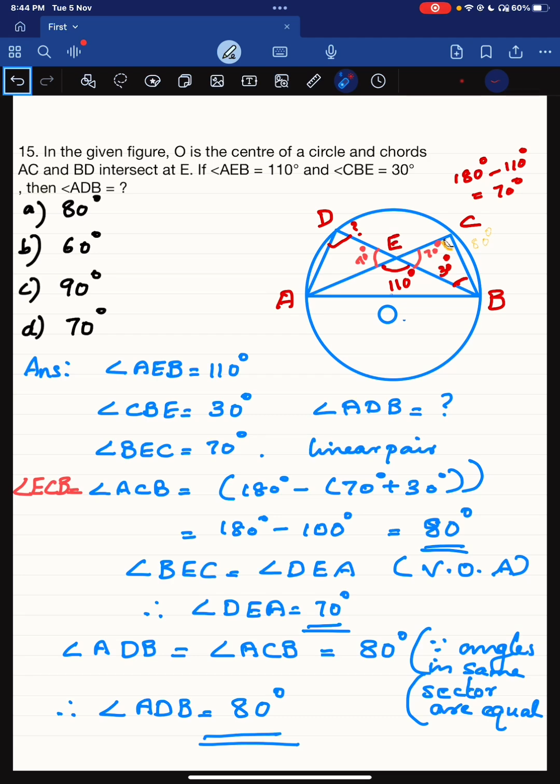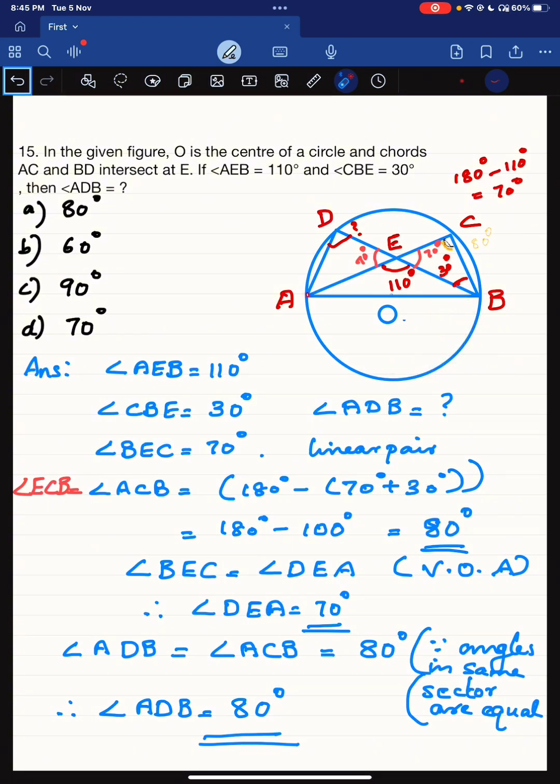If in a circle there are two angles lying on the same sector of the circle, this is one sector and this is another sector. If one angle is lying on this sector and another on the other sector, then we can't find it.